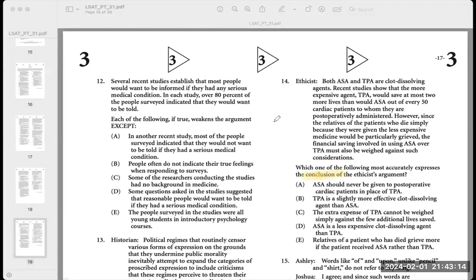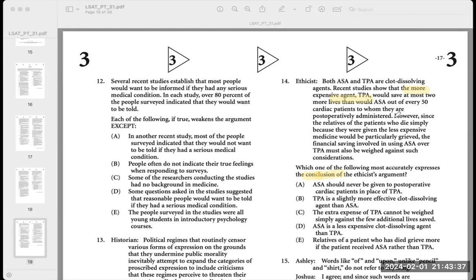Okay, so both ASA and TPA are clot dissolving agents. Recent studies show, what do they show? They show that the more expensive agent, TPA, would save at most 2 more lives than would ASA out of every 50 cardiac patients to whom they are post-operatively administered.